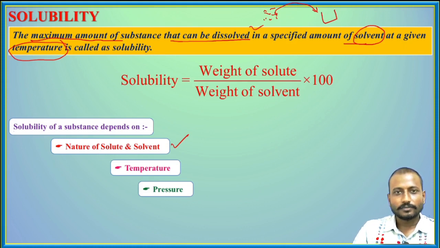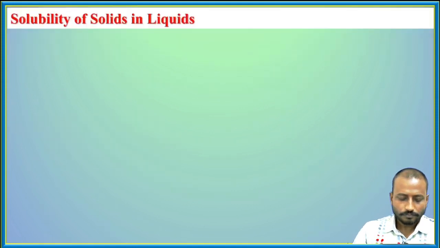Then pressure. Pressure also plays a key role in the solubility of a substance. So, the three main factors, nature of solute and solvent, temperature and pressure, influence the solubility of a substance in another substance.